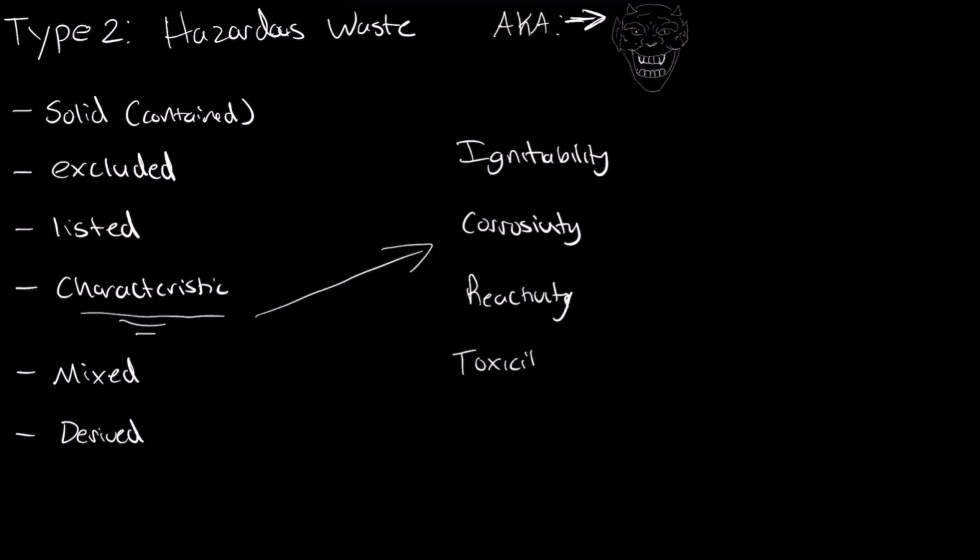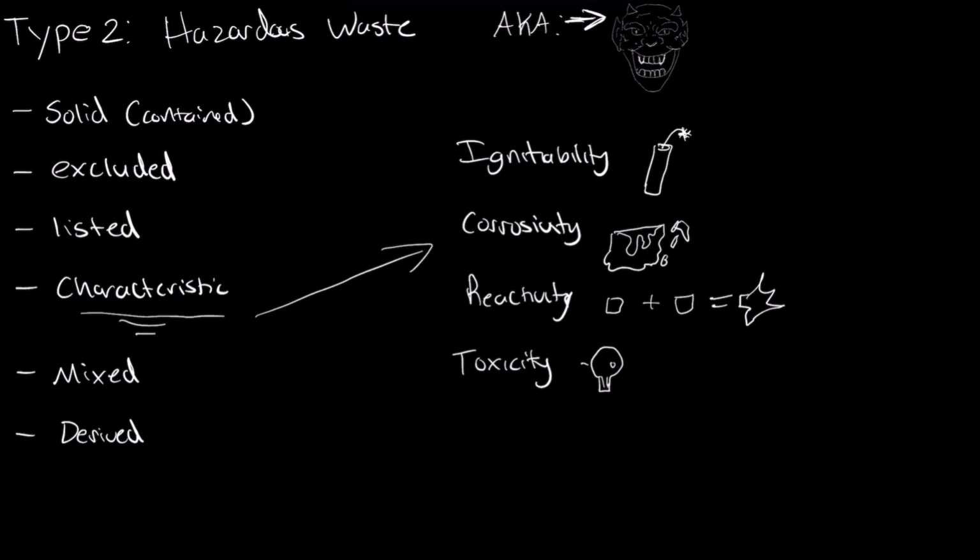Reactivity, that one's pretty self-explanatory. Is it reactive? And then lastly is toxicity. Is it something that is toxic to the environment? Is it toxic to humans or people that are around it? And so those 4 classifications are essentially giving you an idea of the types of things that you would see in the hazardous waste category.